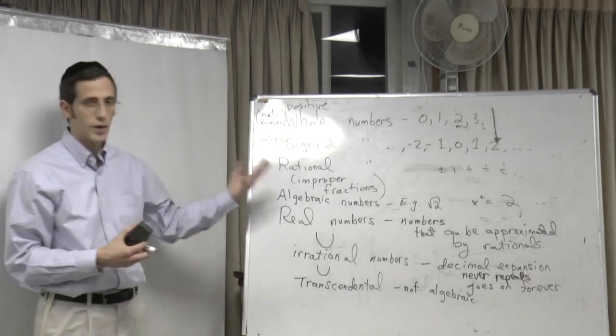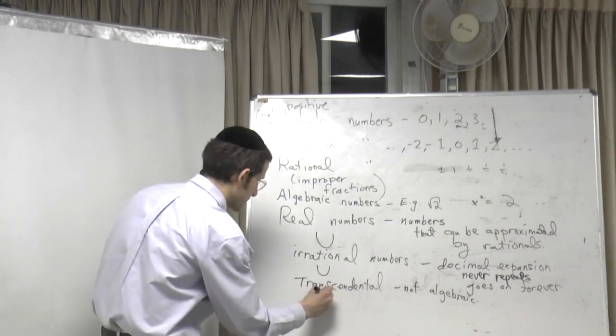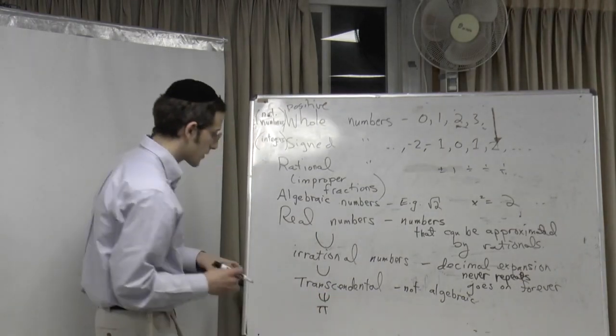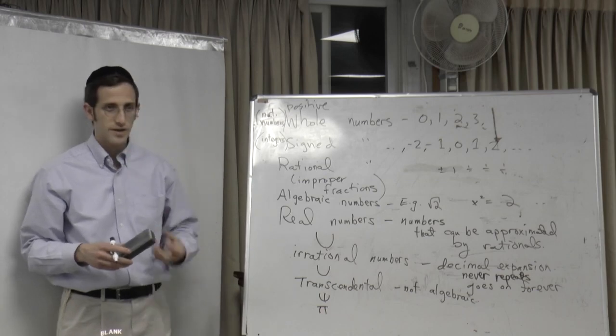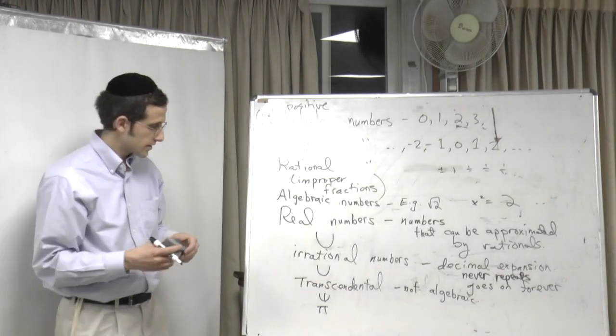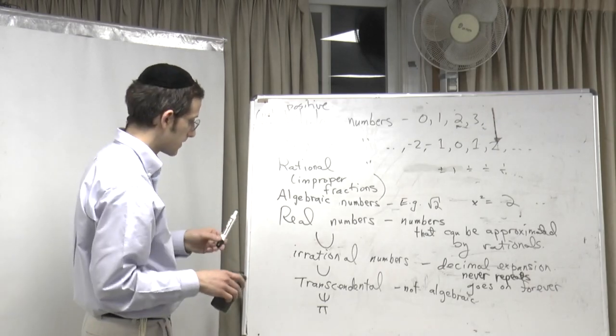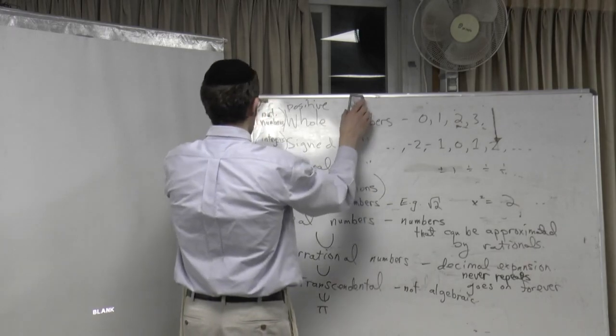That means that there's no equation you can write for pi, for example. No polynomial equation with rational coefficients, which involves multiplication, addition, and subtraction. Otherwise, you could have x minus pi equals 0.